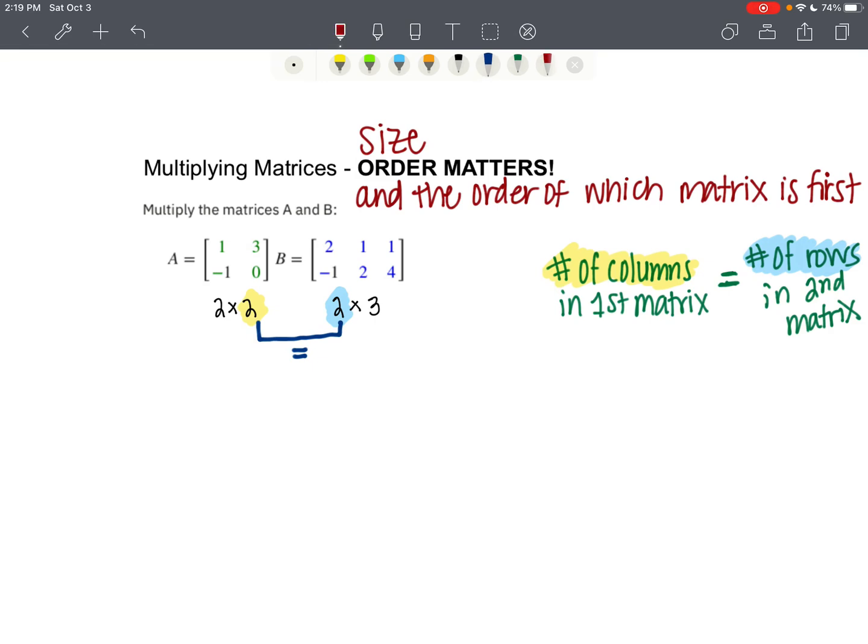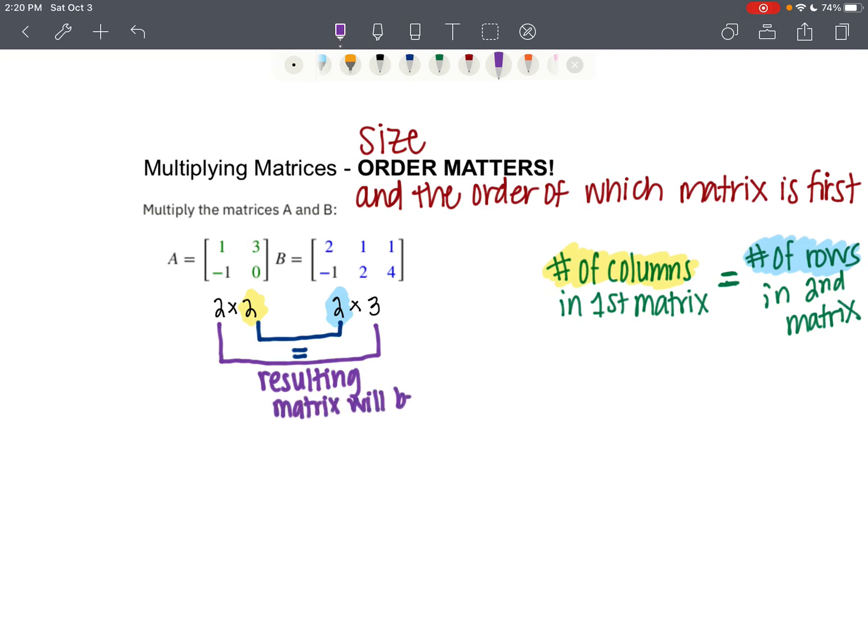And what's really super cool is that our resulting matrix will be a 2 by 3. So this on the outside is the size of the resulting matrix.